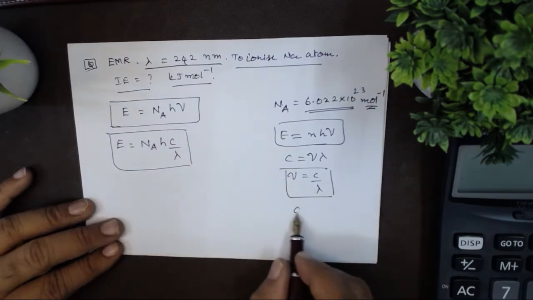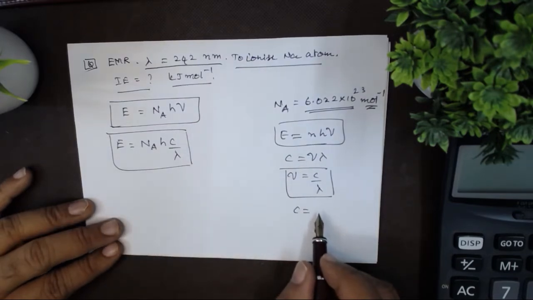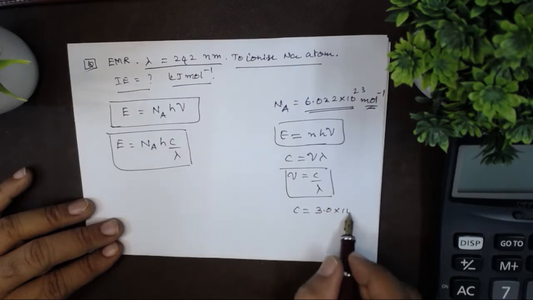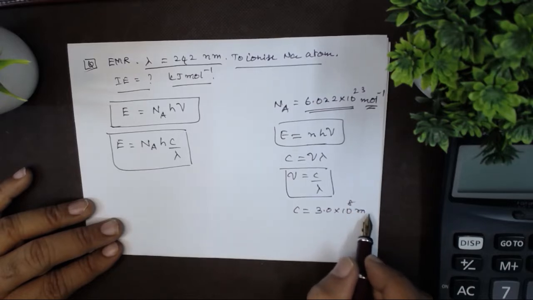We already know c is the velocity of light, a constant value, 3.0 into 10 power 8 meter per second.